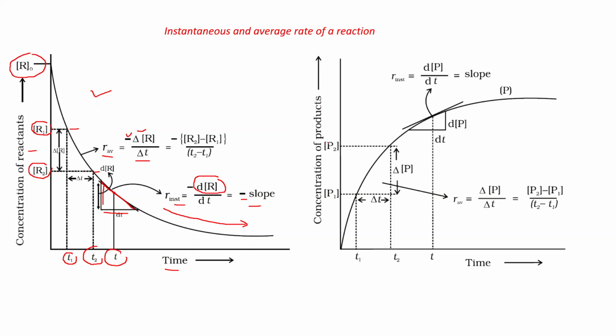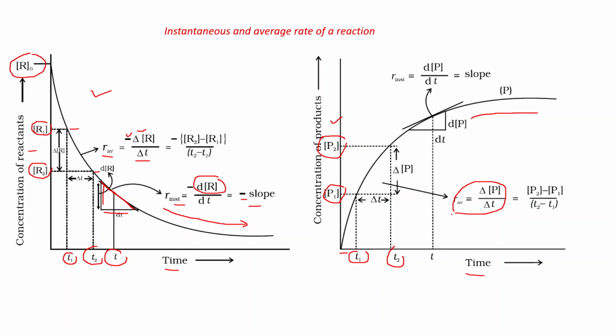In terms of change in concentration of product, this is the concentration of product and this is time. Initially, the concentration of product is 0. As the reaction proceeds, the concentration of product increases continuously. At time t1, if the concentration of product is P1, and at time t2 it is P2, then we can find the average rate using this formula.